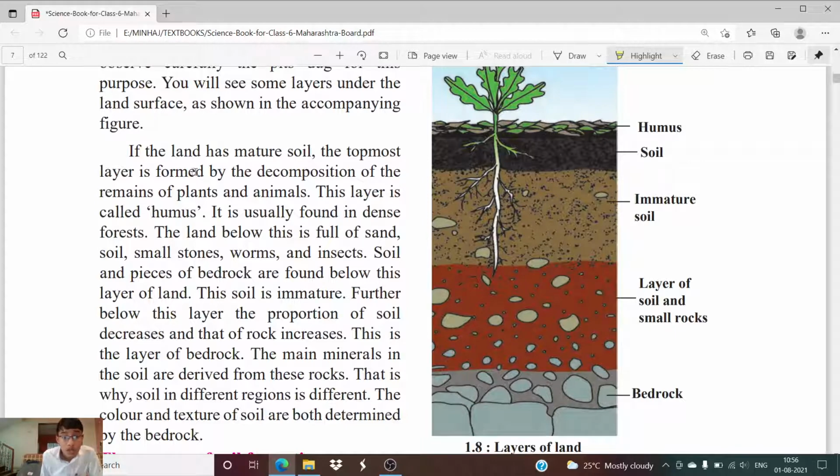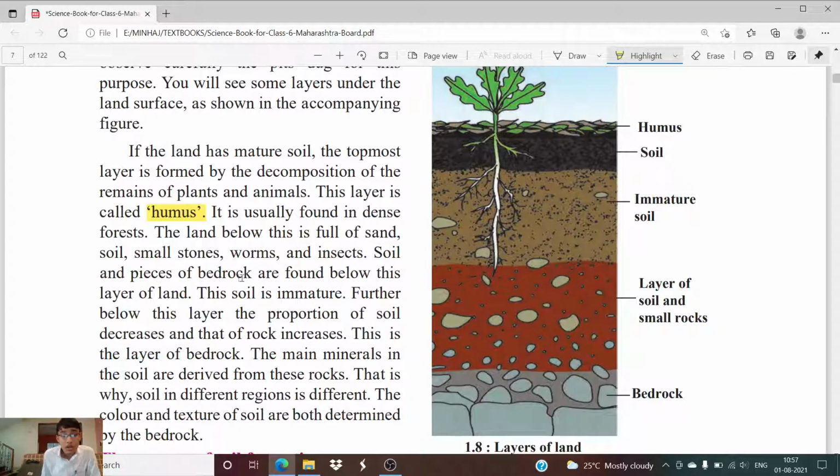The topmost layer of soil is called humus because it is formed after plants and animals decompose. It is usually found in the dense forest. The land below this is full of sand, soils, small stones, worms and insects.